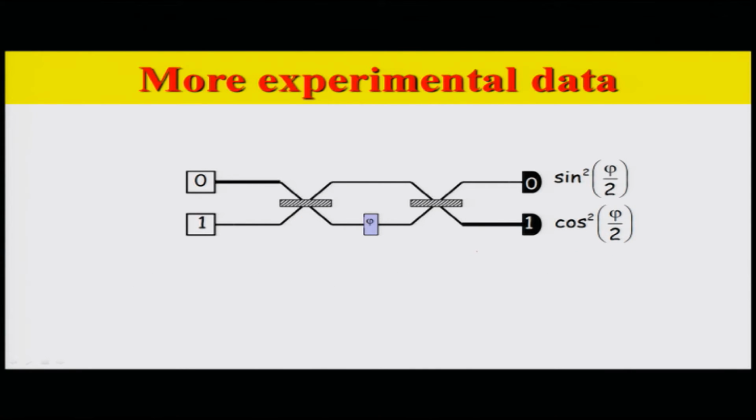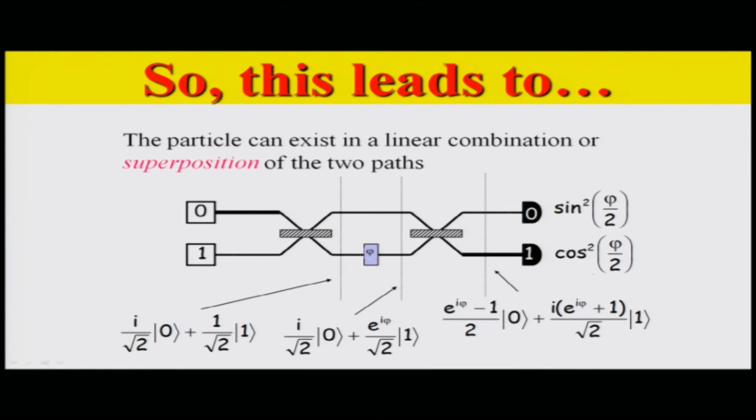So, if we look at more experiments which have been done in this direction, what is seen is that if two states are going through these two different beam splitters, and there is a way to add some phase in one of the arms of the interferometer, then the signal detected is going to depend on the square of the sine and cosine of the amplitudes, so that they add up to 1 as before.